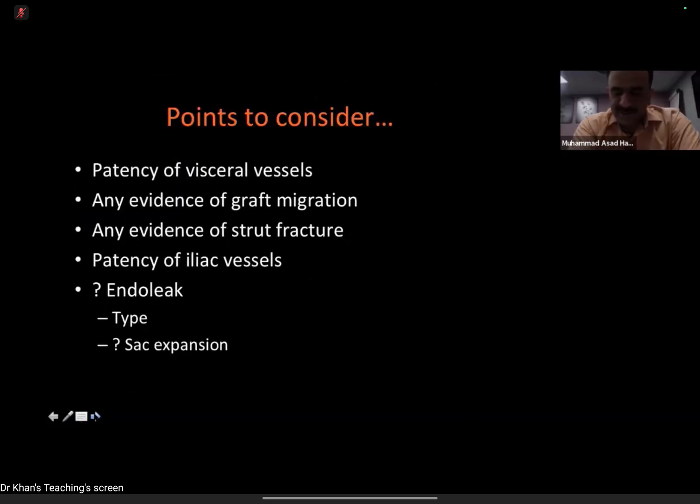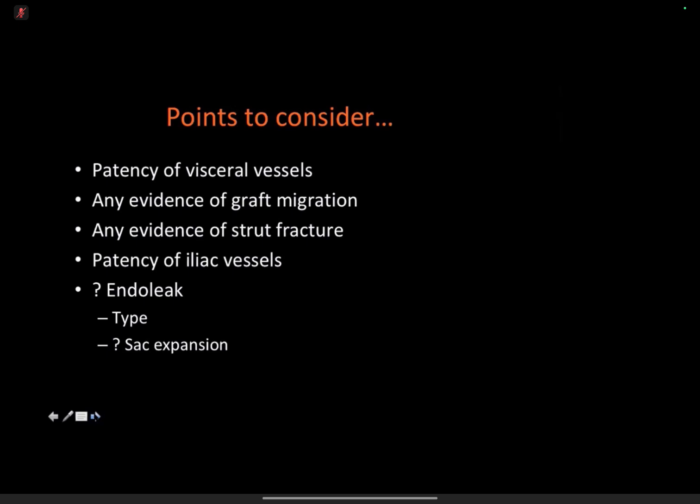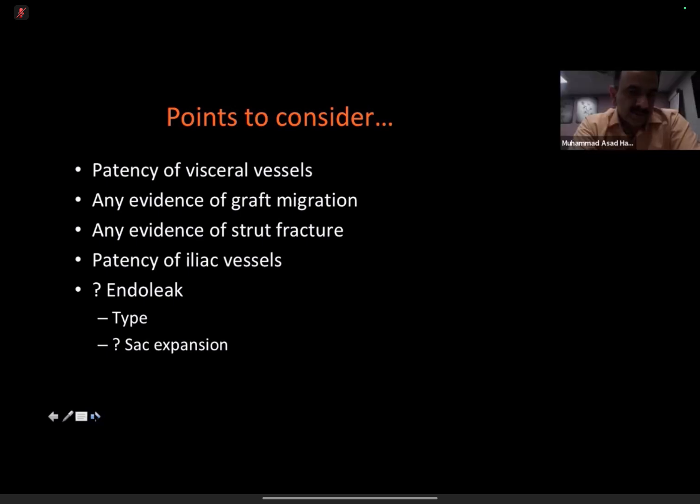So when describing an EVAR in an examination situation, this is a post-EVAR patient. Not only in an examination situation, but also while you are reporting in your institution, one needs to comment on the patency of the visceral vessels. As you said very rightly, the vessels appear patent, the kidneys look fine.